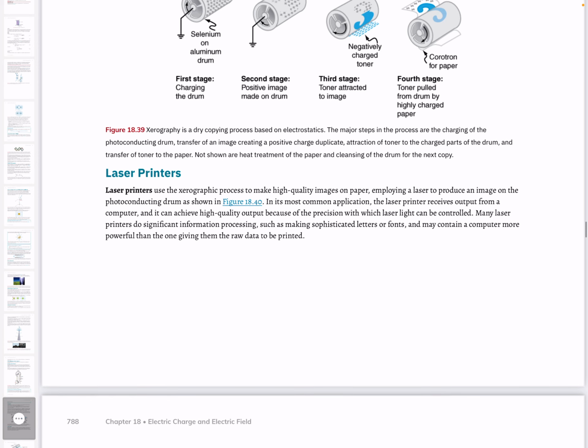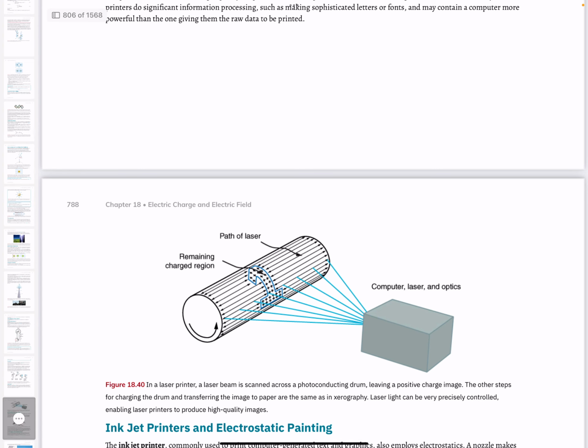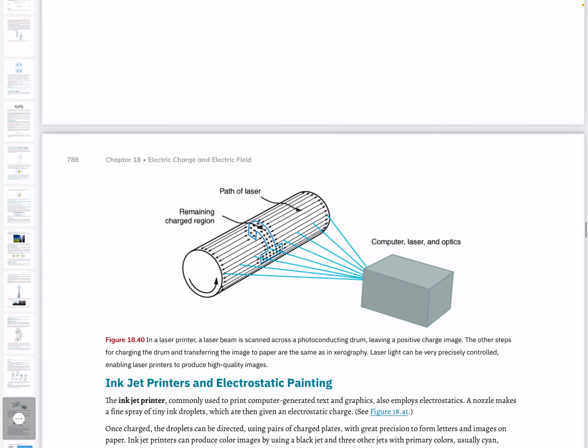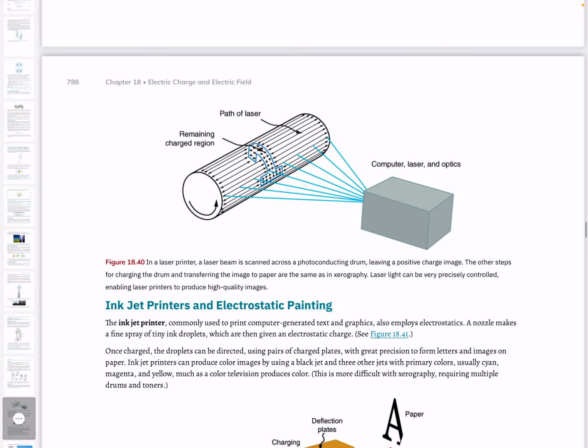And then there's laser printers. A laser printer does the same thing, only on the drum, the laser shoots at the drum, and that laser, once it hits in certain areas, it charges up pieces of the drum. So here's a number 1, and you can make that number 1 positive.